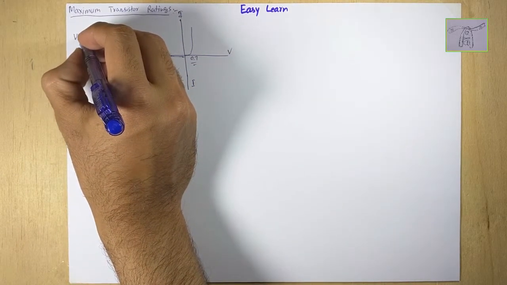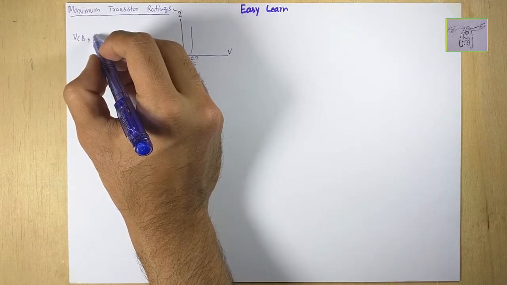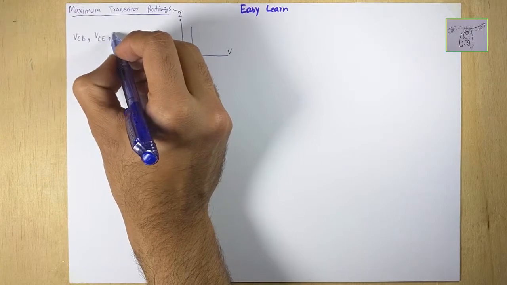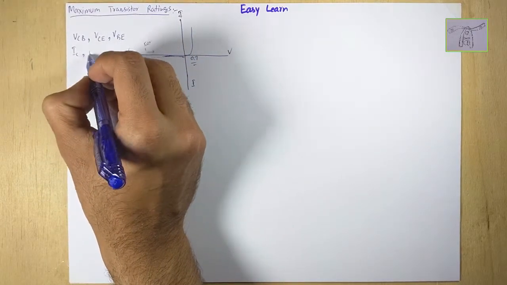There are three basic voltages: collector with respect to base, VCE and VBE, and also IC, collector current, and power dissipation.